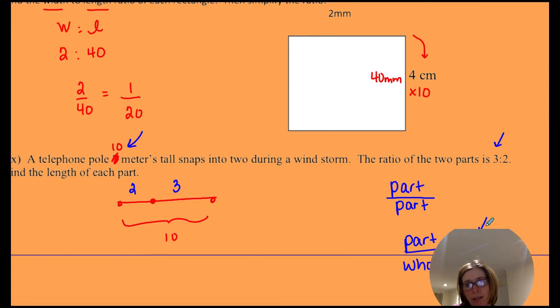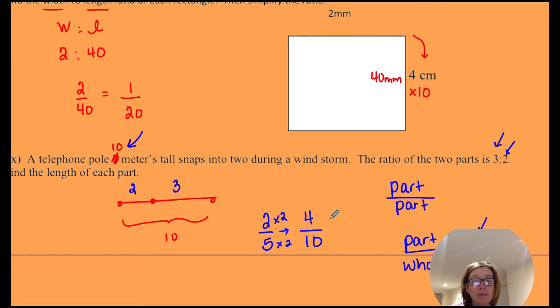This would be the smaller part, and the whole would be 5 because 3 plus 2 is 5. If I want a ratio for 10, 10 is the whole, well, I'm multiplying 5 by 2, so I'd have to multiply 2 by 2, which would give me 4 to 10, okay? So that would tell me that this length is 4 and this length is 6 because they have to add to 10.